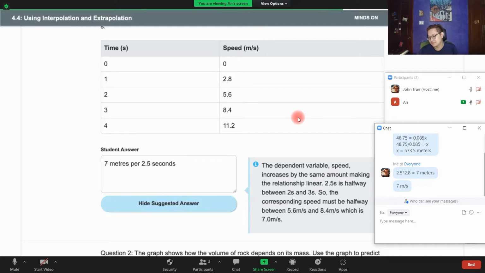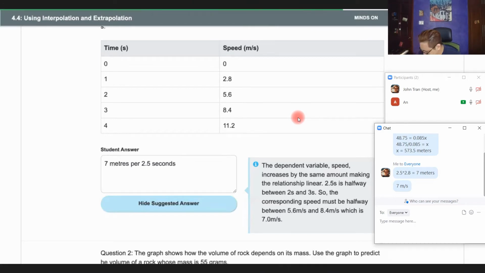So the corresponding speed must be halfway between 5.6 and 8.4, which is 7 meters per second.